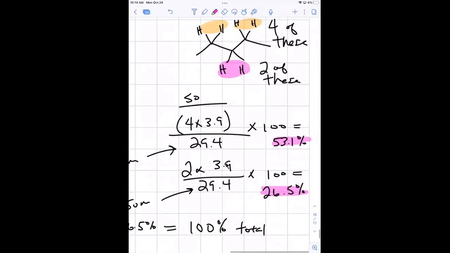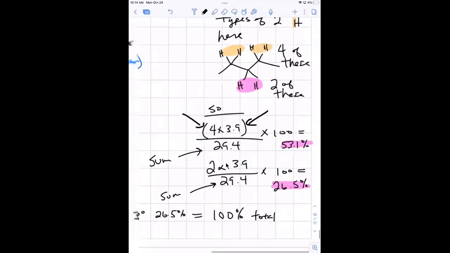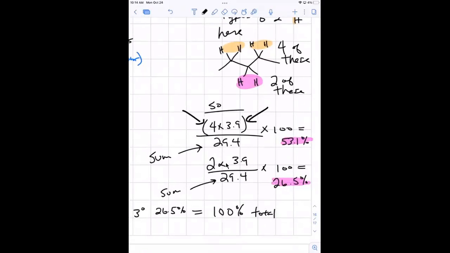This is NH, which is 4. This is R, which is 3.9, which we got off the chart. Divided by the total, 29.4, and then we multiply by 100. We get 53.1%. So over half our products are going to be those secondary hydrogens, the ones highlighted in orange.